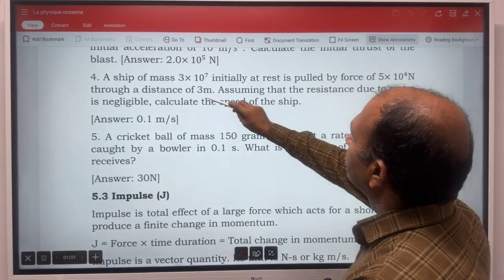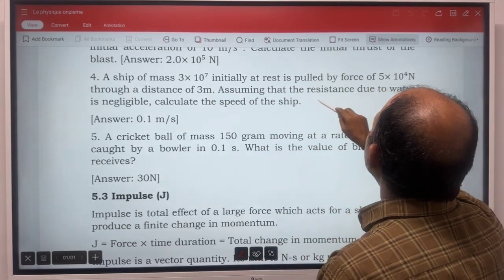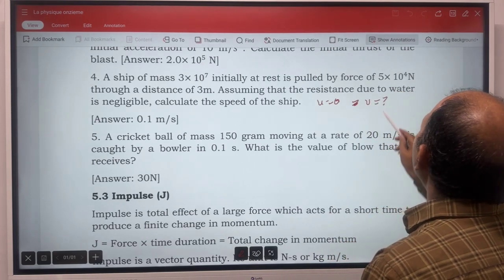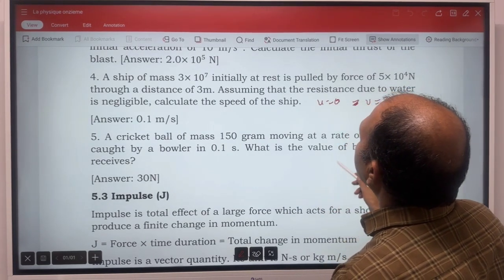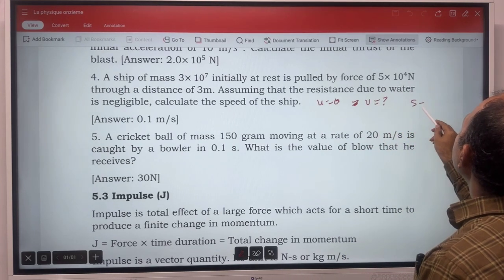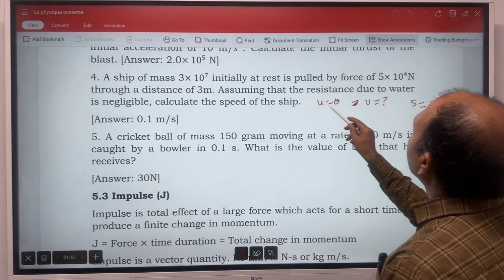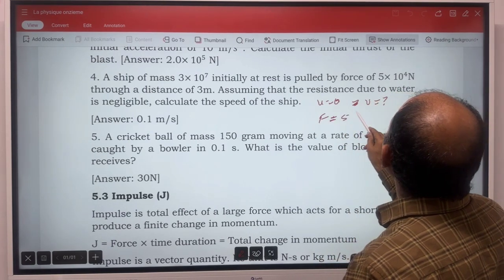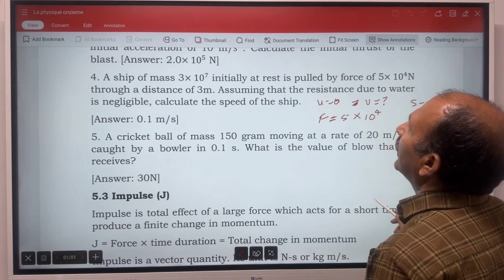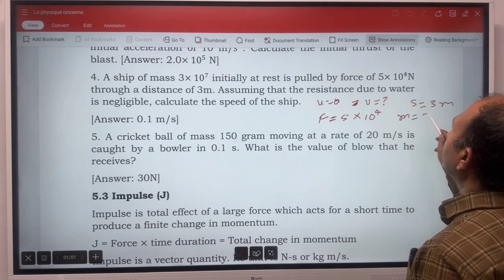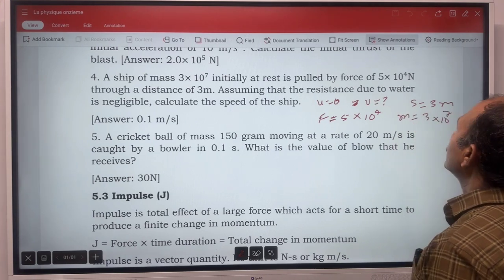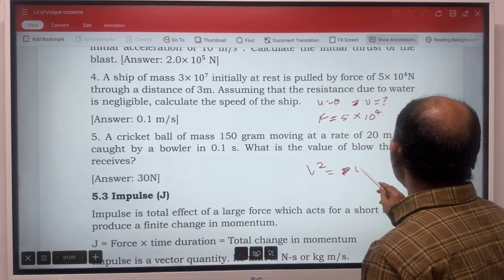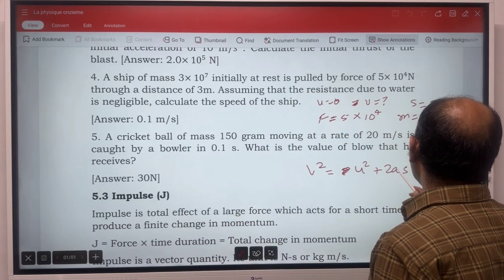A ship initially at rest, it means U is 0, V is to be found, and S is given as 3 meter, F is given as 5 into 10 to the power 4 Newton, and M is given as 3 into 10 power 7. So the formula you can apply, V square equal to U square plus 2AS.